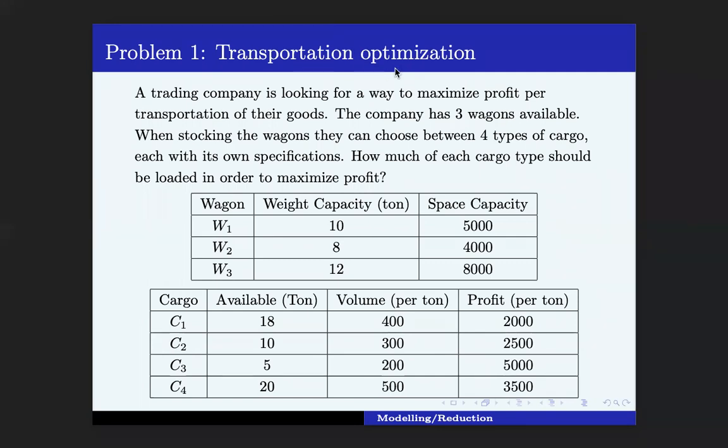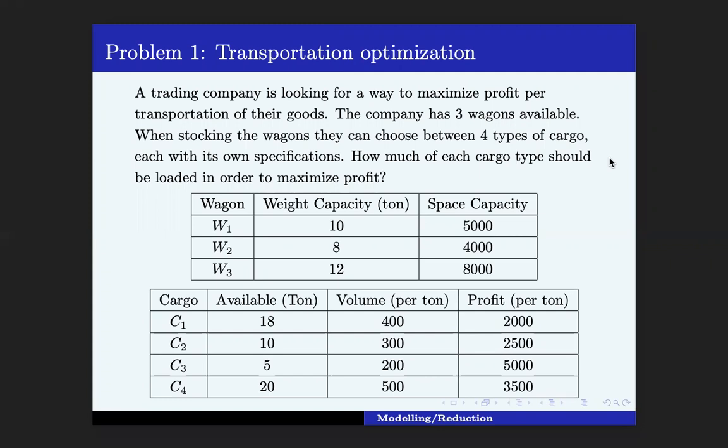Put yourself in the shoes of a person in a company who has been asked to solve this problem. How will you solve this problem? Is this problem clear?